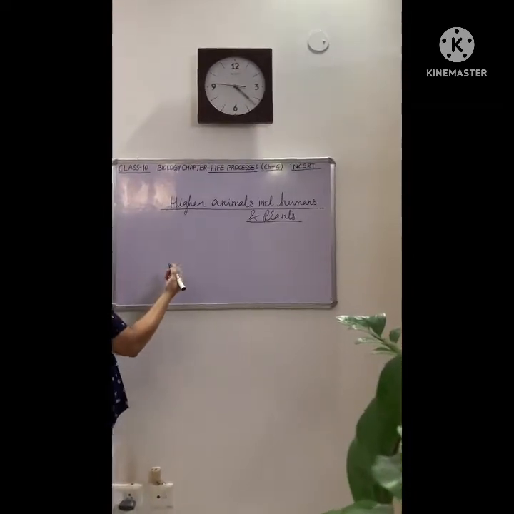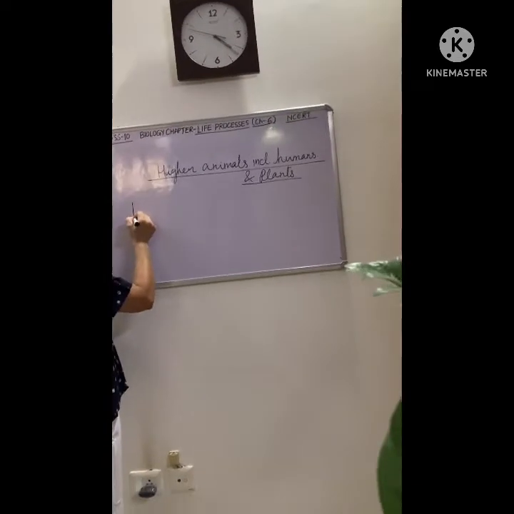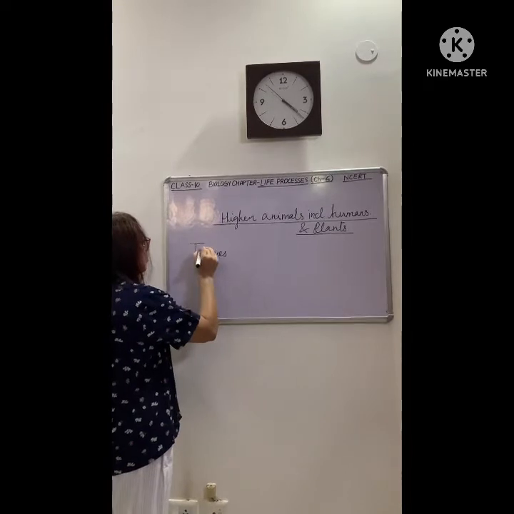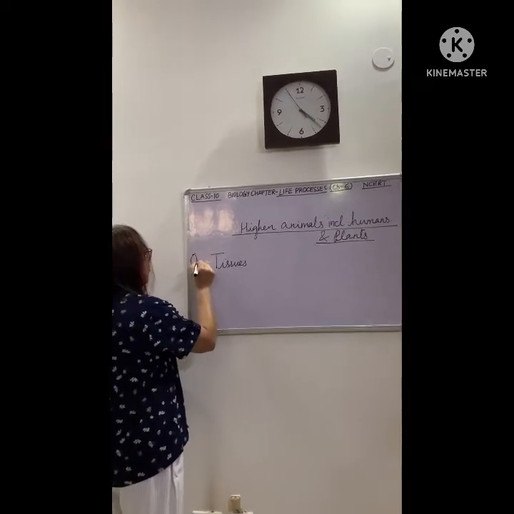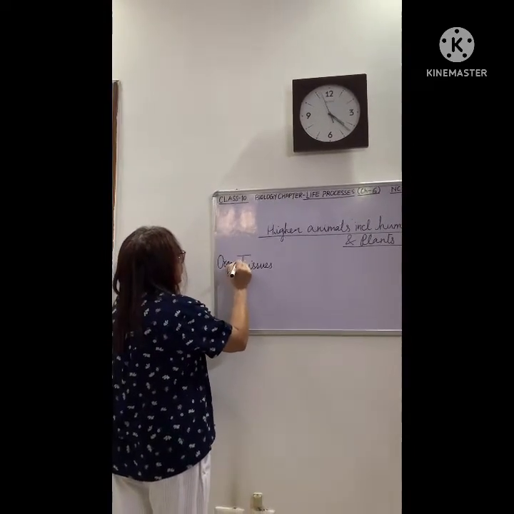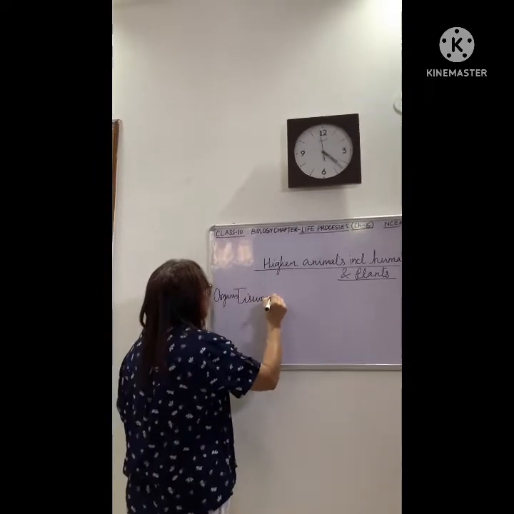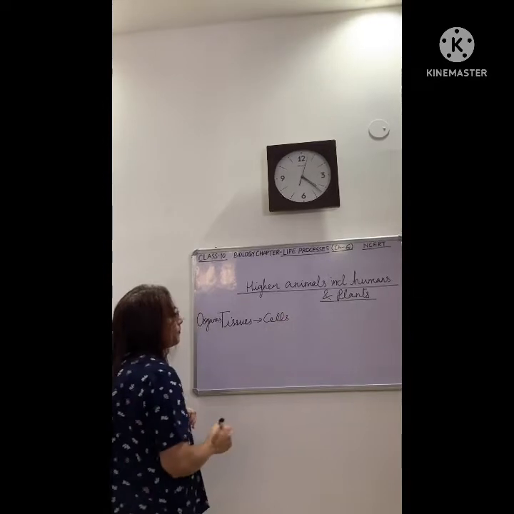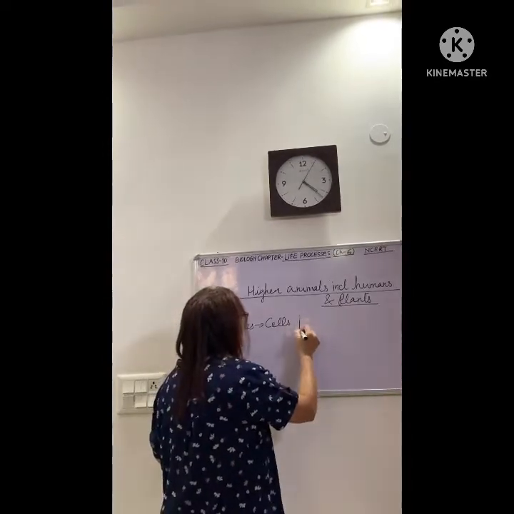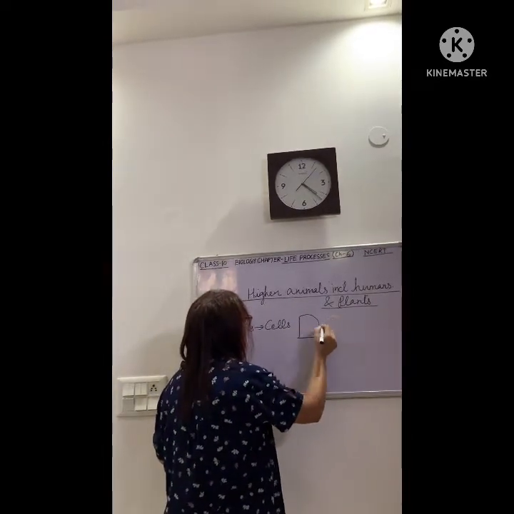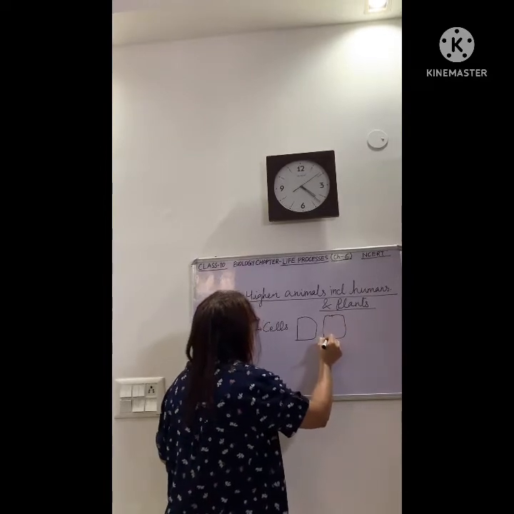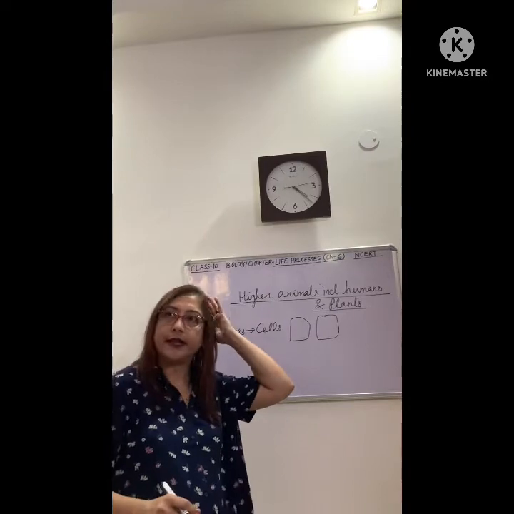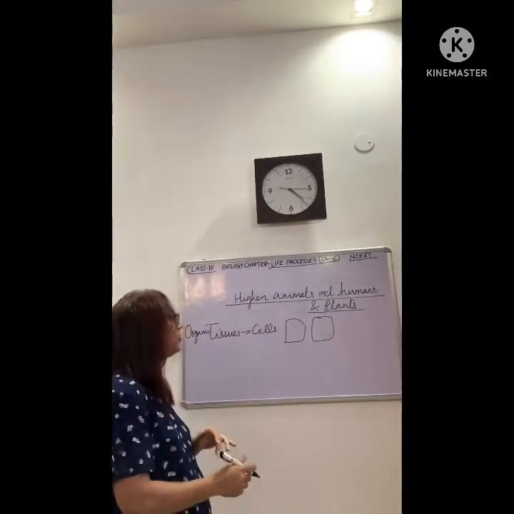In the case of these, there are tissues. As I told you before, the body is made up of organs. Organs are made up of tissues, and tissues are made up of cells. You have already learned the differences between animal and plant cells in your 9th class.